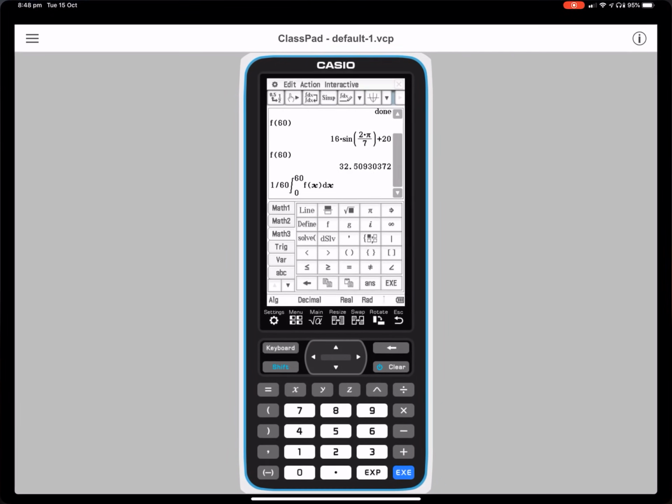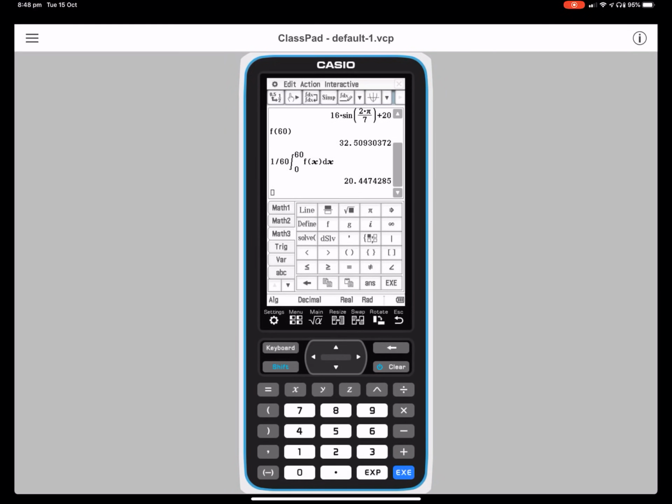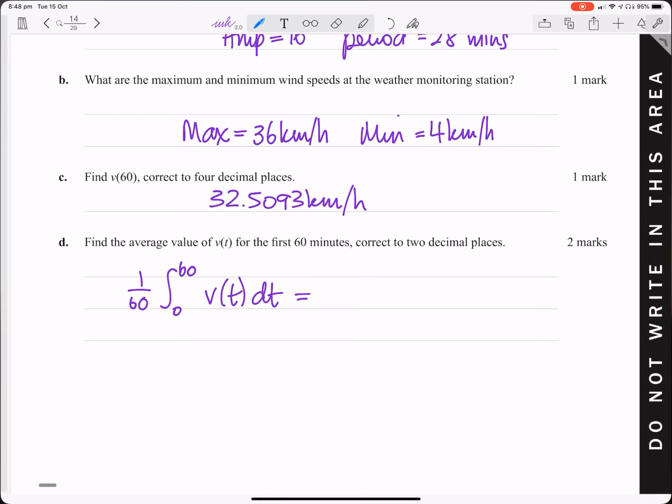Okay, 2 decimal places. 20.44. Does that seem logical in terms of the speed going between 4 and, what was it, 36? So I guess that's kind of in between. So 20.44.